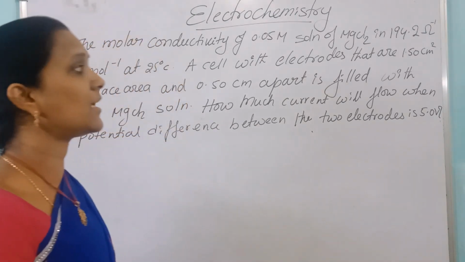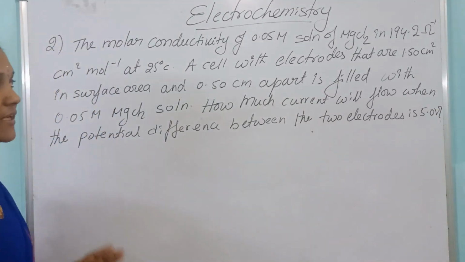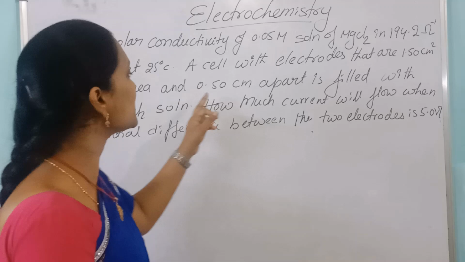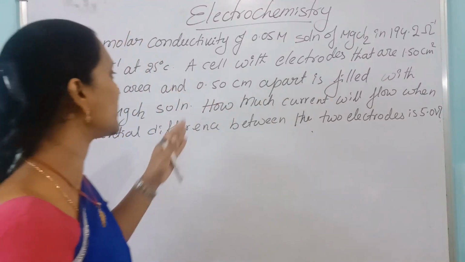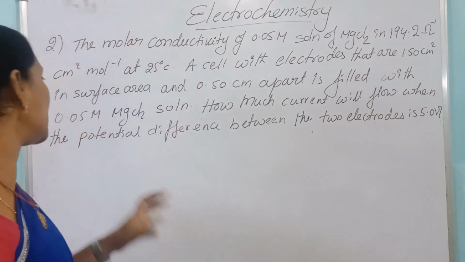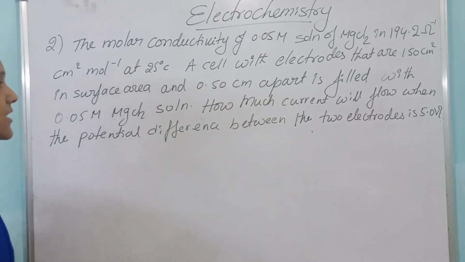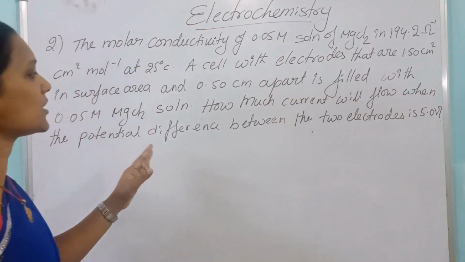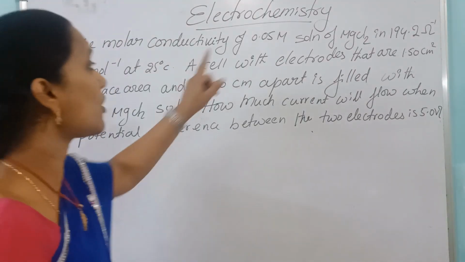Molarity, concentration given. A cell with electrodes that are 1.50 centimeter square in surface area, area of that electrode given, and 0.50 centimeter apart, length given, is filled with a 0.05 M MgCl2 solution. How much current will flow when the potential difference between the two electrodes is 5.0 volts?